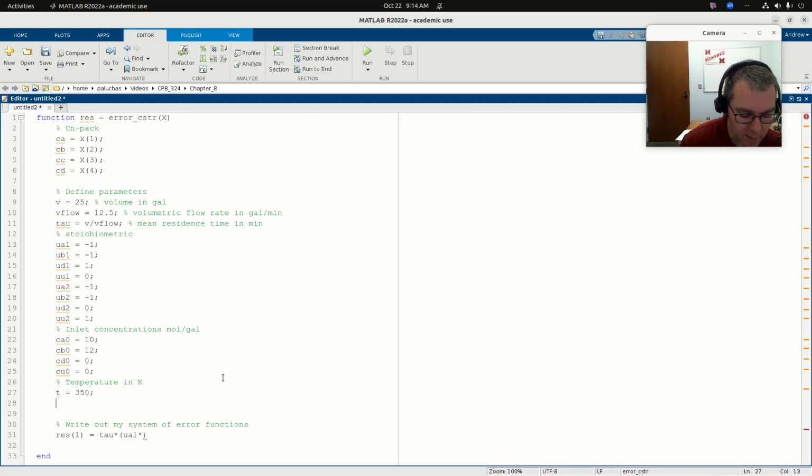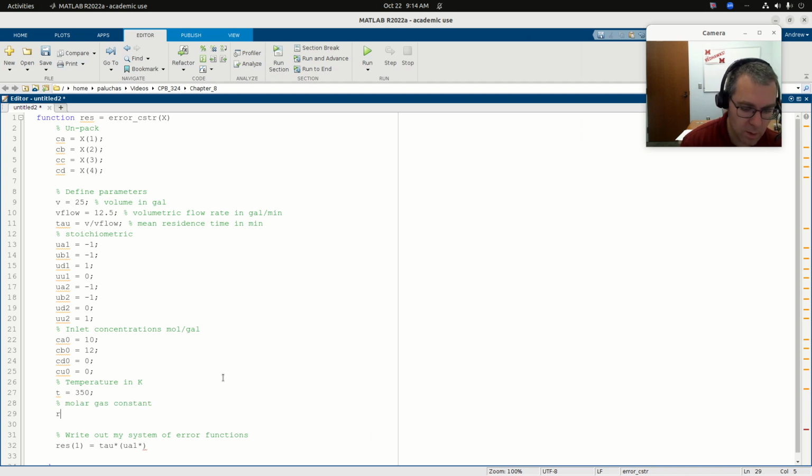Bam. And then my molar gas constant. Okay, I want that in SI units, 8.314. Since the numerator is in joules per mole, this is in Kelvin. I want R in joules per mole K.